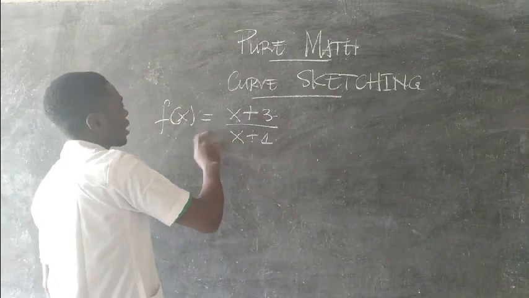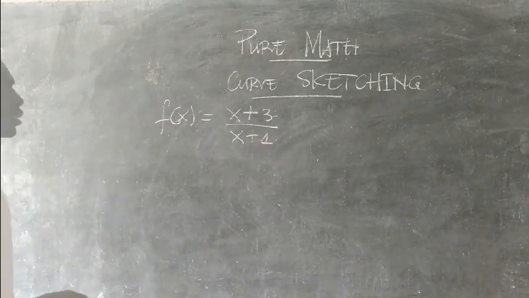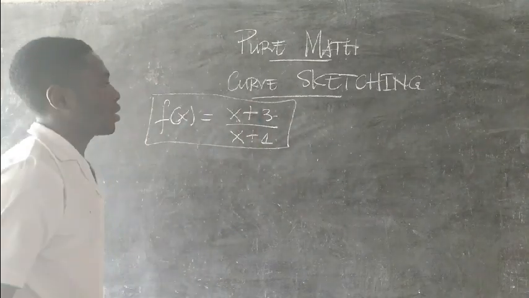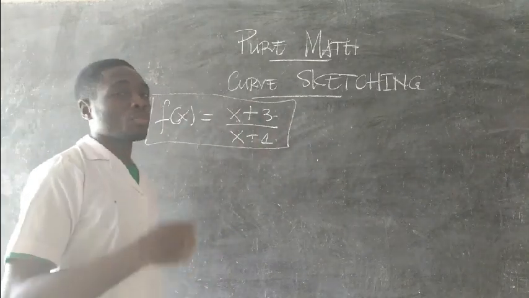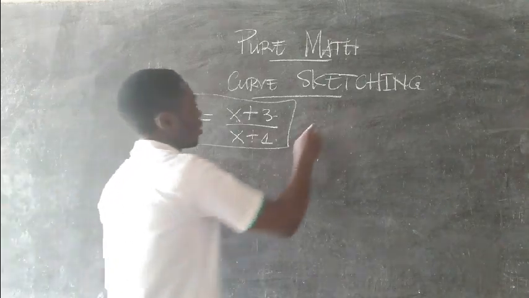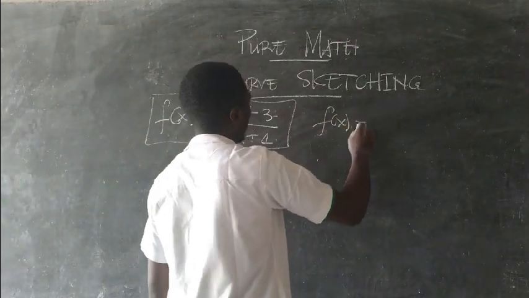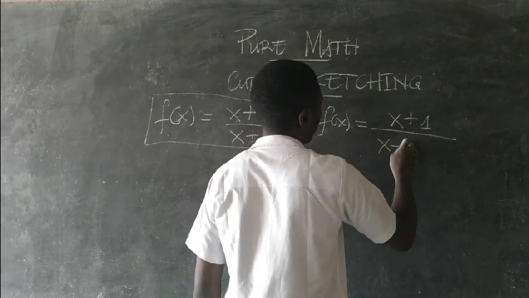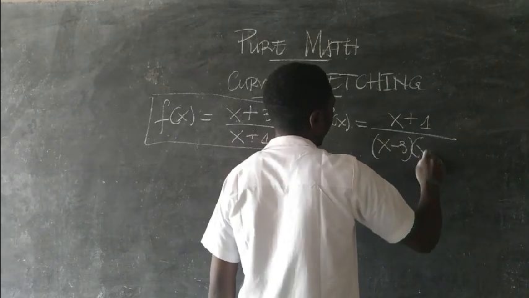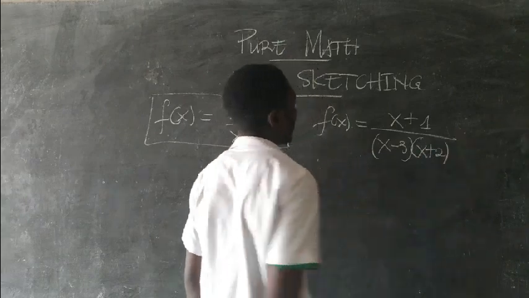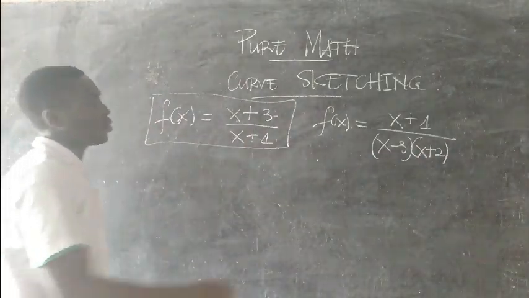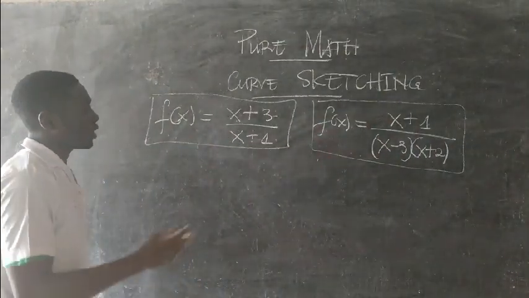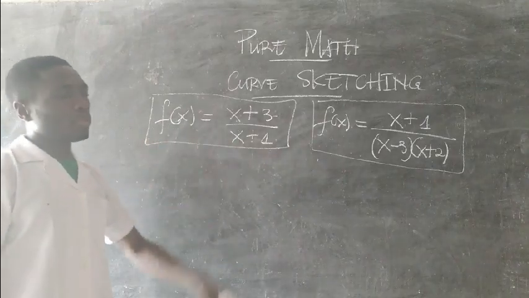In the other part of the video, I'm going to sketch a little bit more complicated graph, for example, f of x equal to x plus 1 over x minus 3 into x plus 2. We will sketch a graph of this sort so that we can see what the various points are that you are supposed to take note of in these different types of graphs.